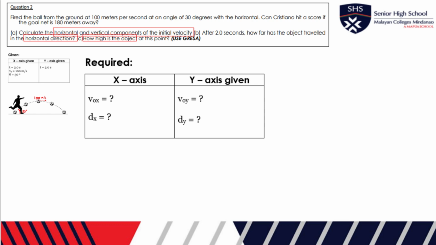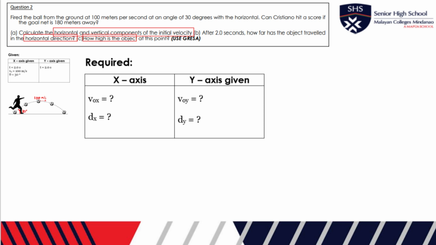Now, let us know what is the required. There are 3 questions that are being asked. Actually, it's 4, but we will just compute the 3 of it. Now we have here the calculation of horizontal and vertical components of the initial velocity. Therefore, we're trying to get the initial velocity in x-axis and in y-axis as being required. For letter B, after 2 seconds, how far has the object traveled in horizontal direction?